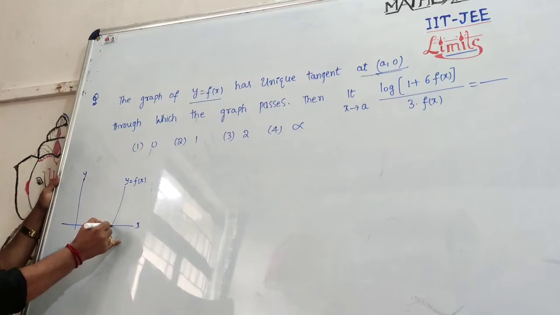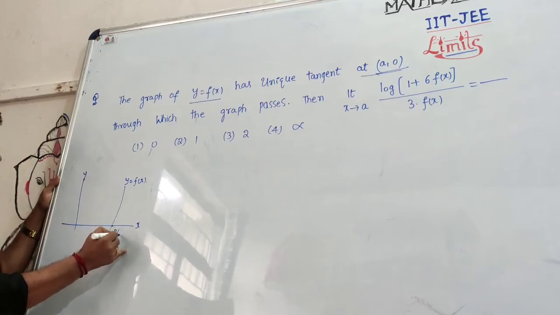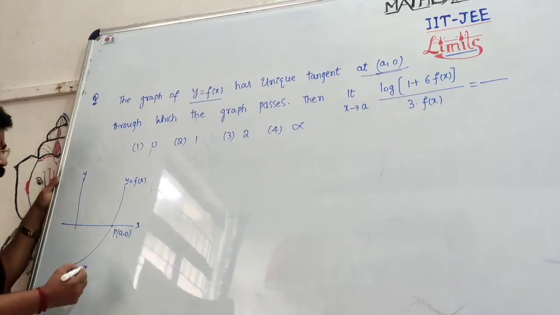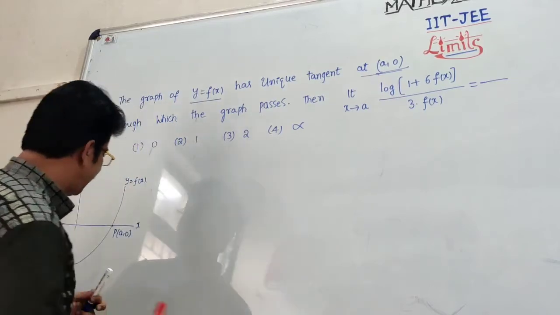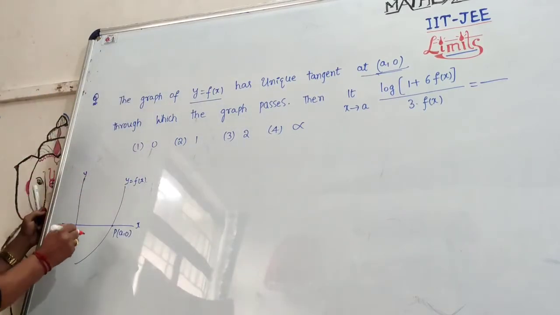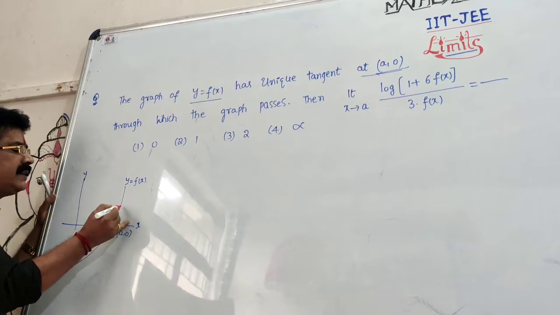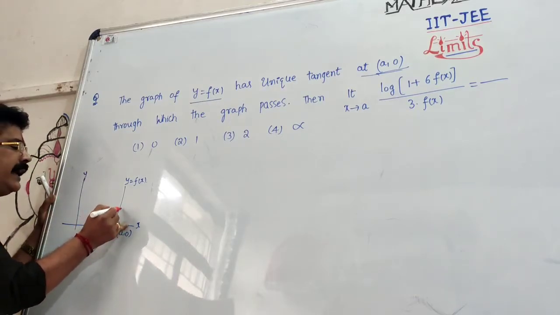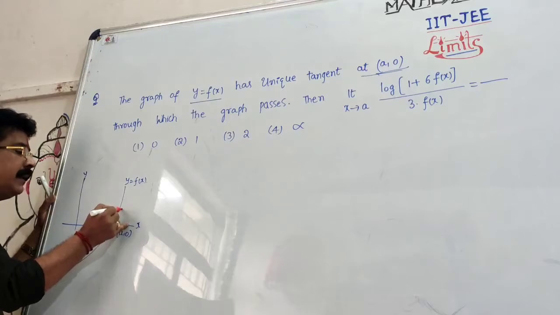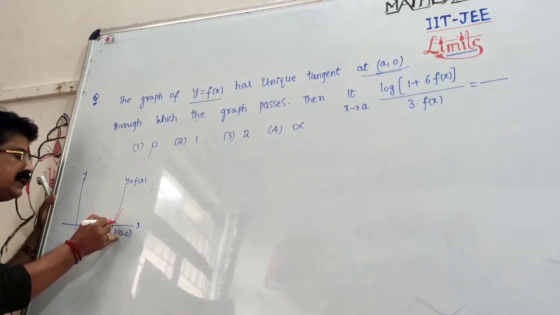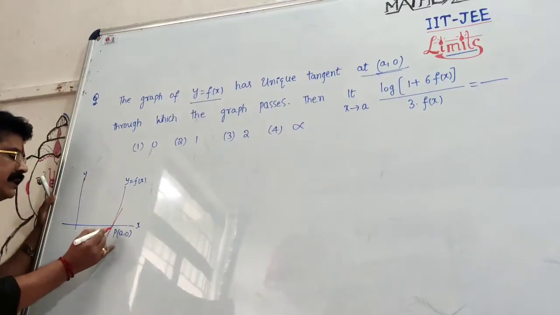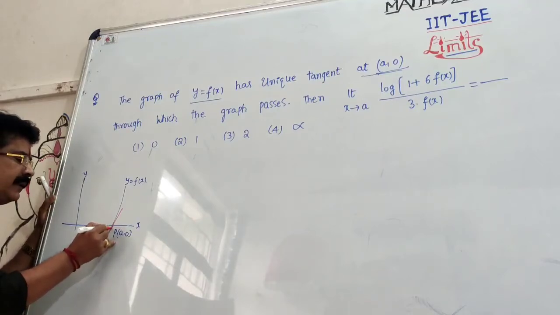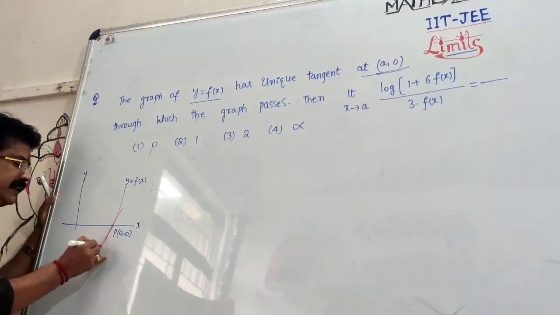Where is the point? Here is the point, capital P of (a, 0). At that point, this graph has a unique tangent. Of course, for any curve at one point, it will have only one tangent. More than one tangent is not possible.